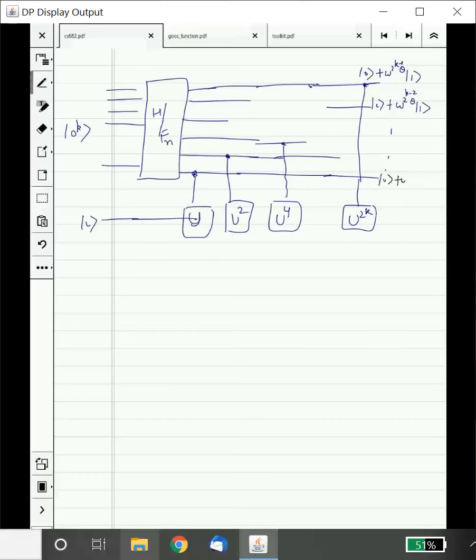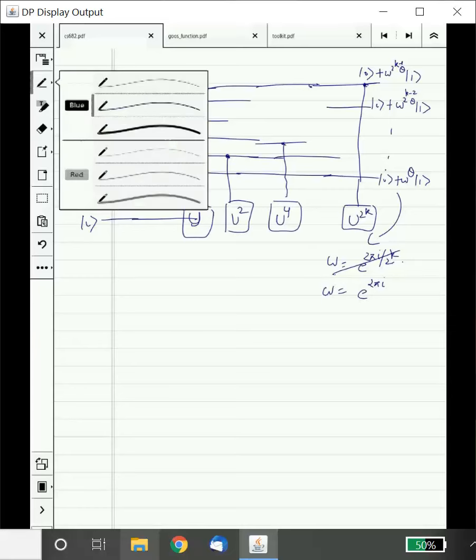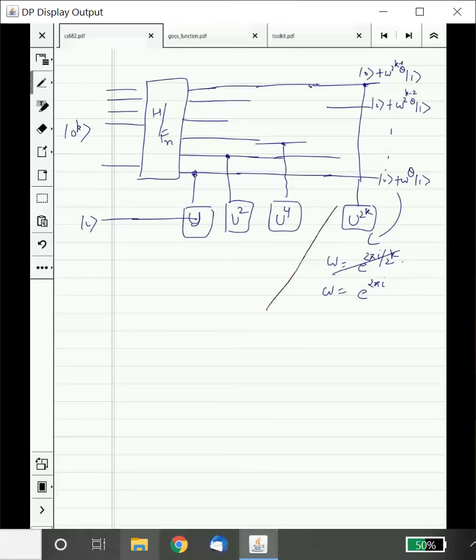Obviously omega here is the nth root of unity. I should probably make it correct. Omega should be e to the 2 pi i. This is the exact product multiplicative form which we saw for Fourier transforms. This is the exact product form for Fourier transform.